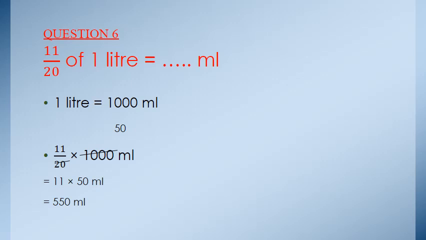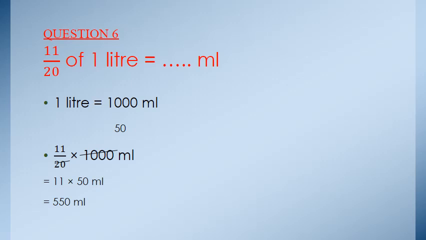Now we'll reduce this expression. We know that only numerator and denominator can be reduced with each other. So here we can see 20 and 1000 can be reduced by a number, and that number is 20. So 20 multiply 1 is equal to 20 and 20 multiply 50 is equal to 1000. Now in denominator 1 is left and in numerator 11 multiply 50.